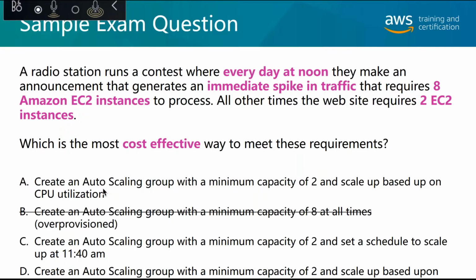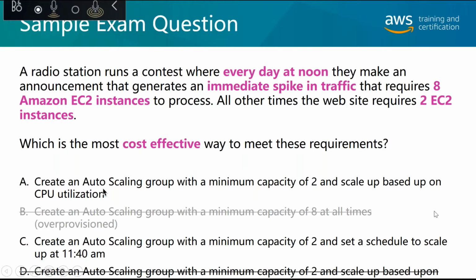Let's take a look at this. It says create an Auto Scaling group with a minimum capacity of 8 at all times. Not necessary, because it's basically every day at noon that it generates that spike. That's a bit too much, because we're looking for the most cost-effective way.